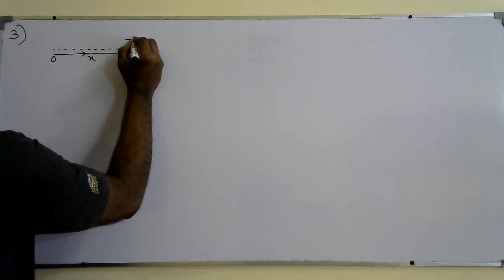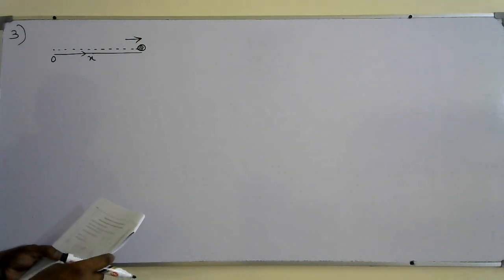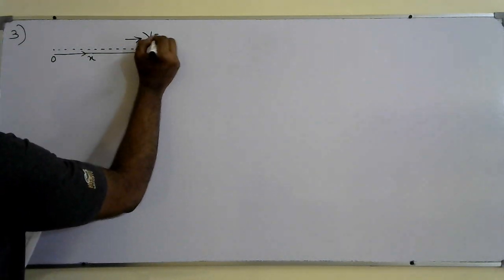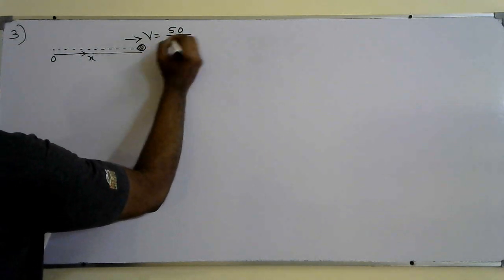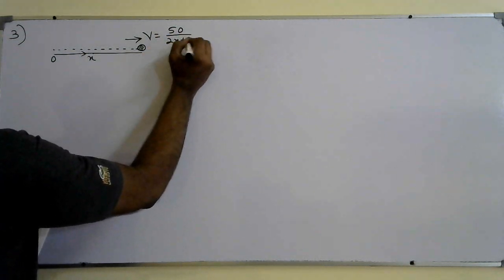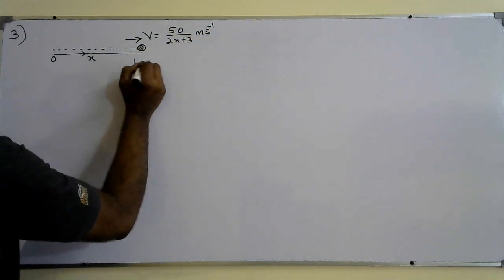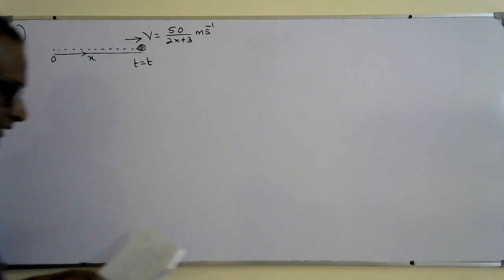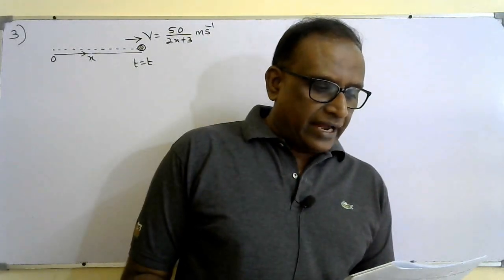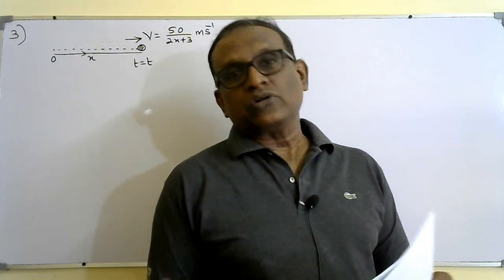And its speed is given as 50 over 2x plus 3. So v is equal to 50 over 2x plus 3 meters per second. That's the speed at time t, variable t. Okay, so find the deceleration of P when x equals 12.